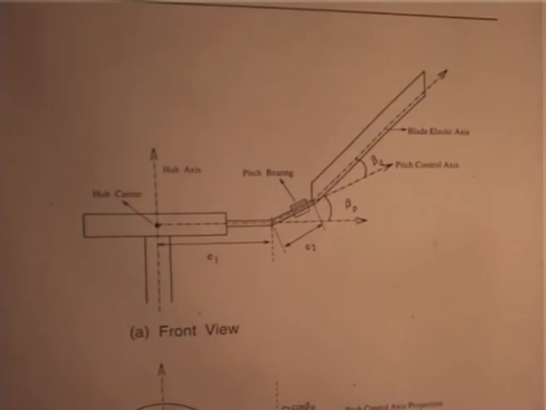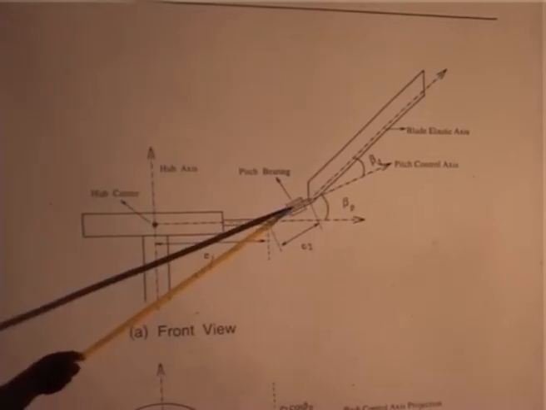There are blades only with pre-cone, okay. But geometrically they are different, they are not the same, because they will introduce different effects in the aeroelastic analysis. But you can design a blade with both.